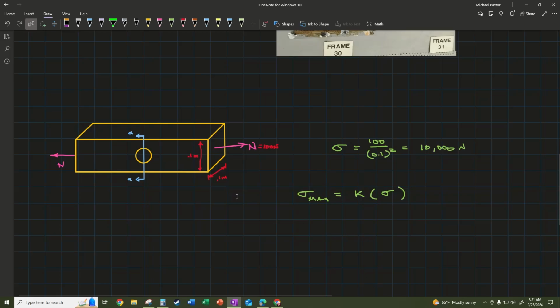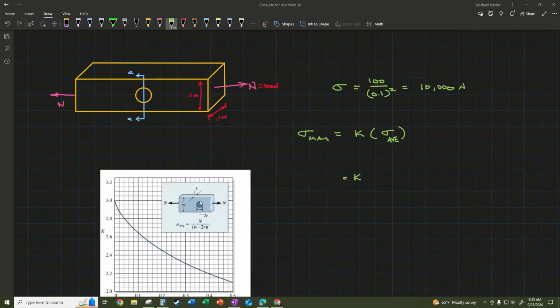And for K, I would check out. So this is going to be K times, so I look at my relationship here, and this is really the stress over the cross section of the top and the bottom portion of this hole.